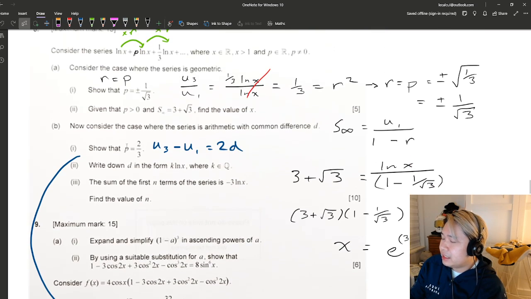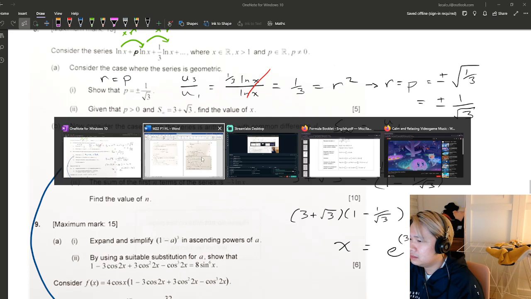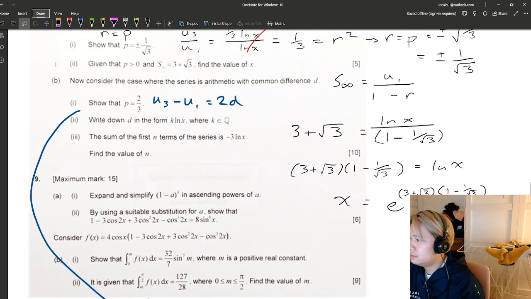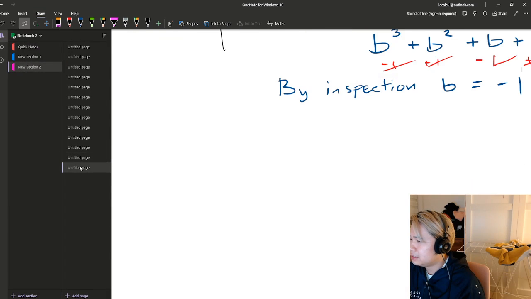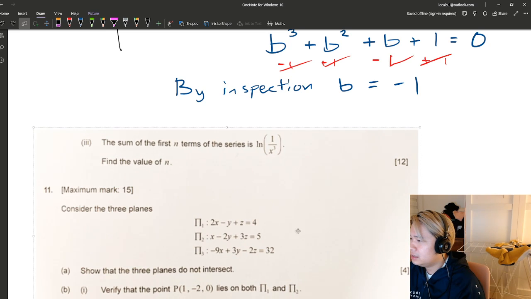And then the HL question changes the last question, B, i. So what it says instead is now, oh great, I need to change back to the HL page. And then it says this.